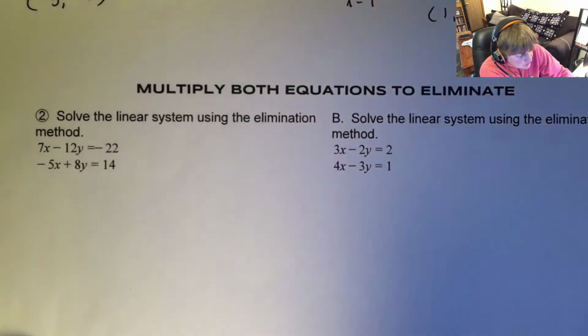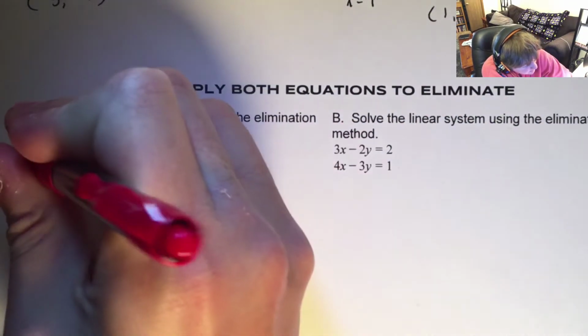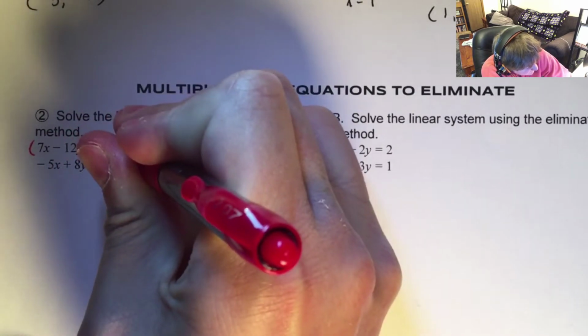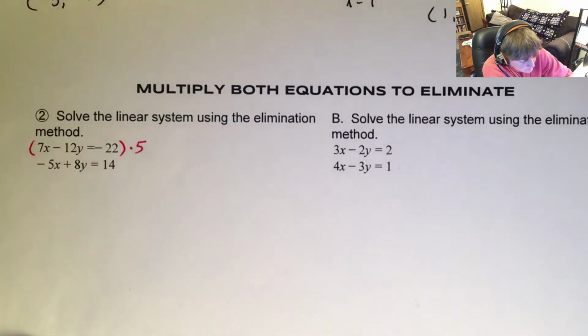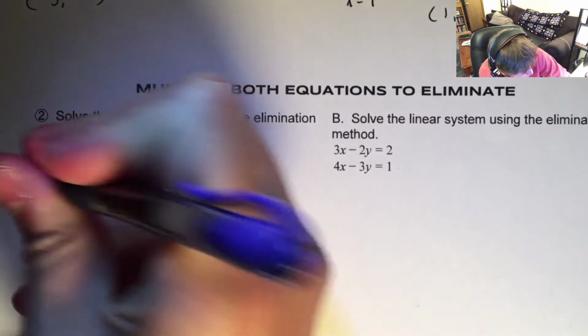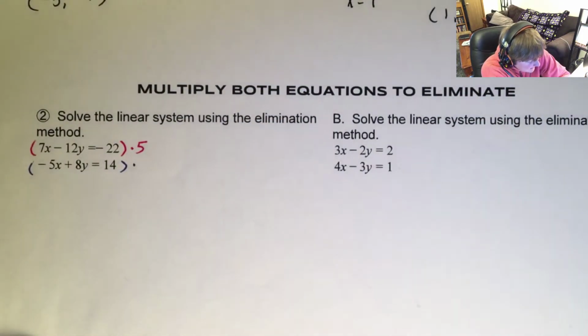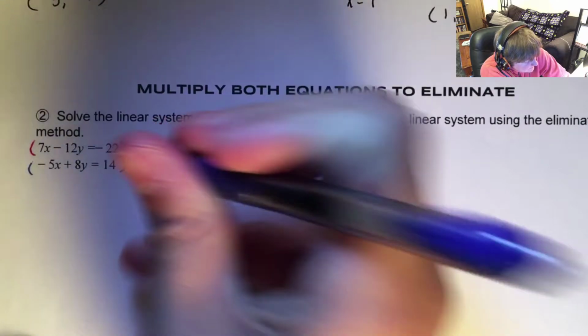So what do I have to multiply 7x by to become 35x? Well, I just have to multiply that by a +5. Okay? And so then I look at the bottom one, and I look at -5x, and I have to ask myself, what do I have to multiply that by to become -35x? And that one's going to be 7. Okay?